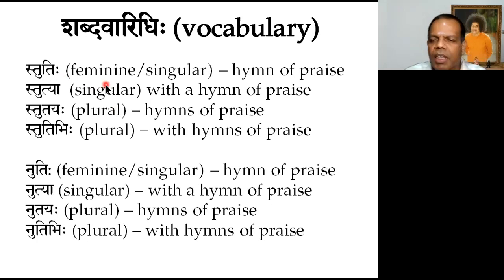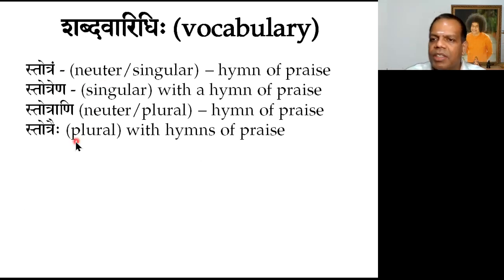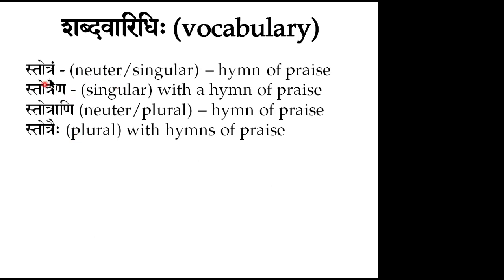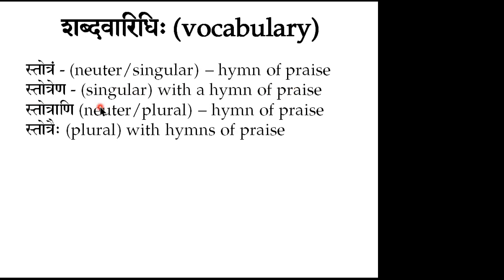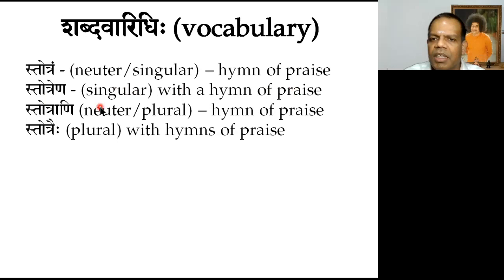In Sanskrit, you'll find there are many words having the same meanings belonging to different genders, so the way they change, conjugate, or take on affixes will change. In this case, stotram is a hymn of praise. Stotrena is with the hymn of praise. So you can say stotrena stunvati. Stunvati is singular, stunvanti is plural.